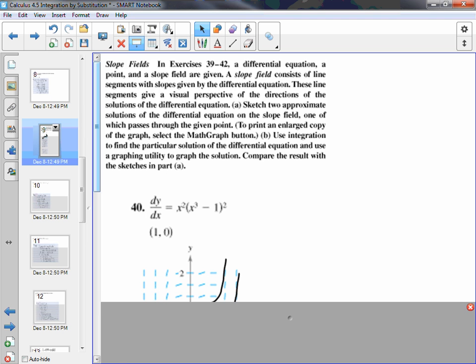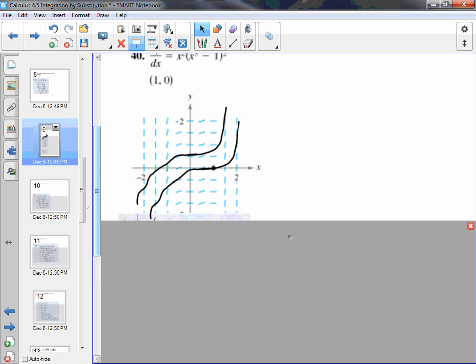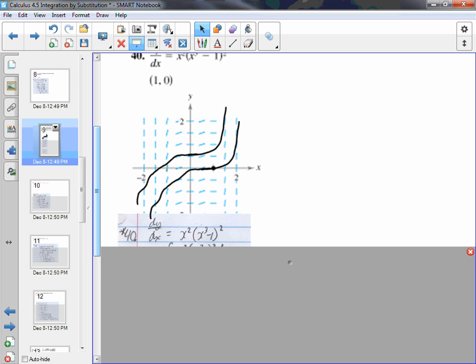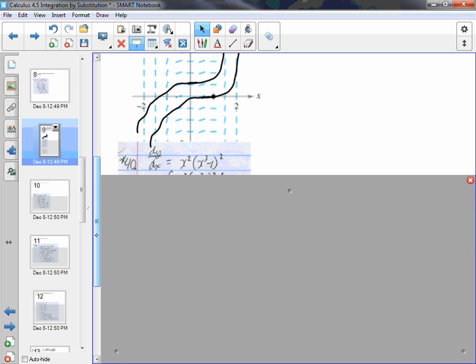It has been a while. It's been too long. Differential equations have missed us. We have dy dx equals x squared times x cubed minus 1 quantity squared. All right? Then remember how we did this? We would say, hey, let's multiply both sides by dx.